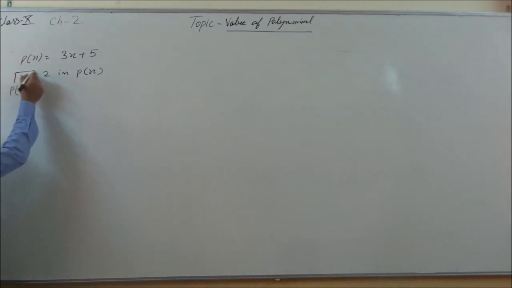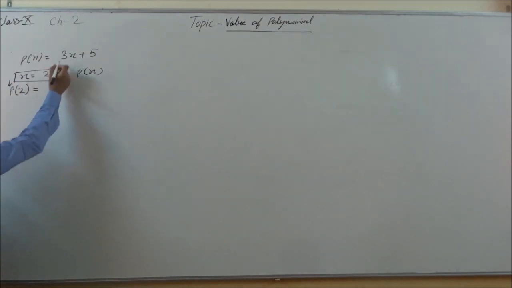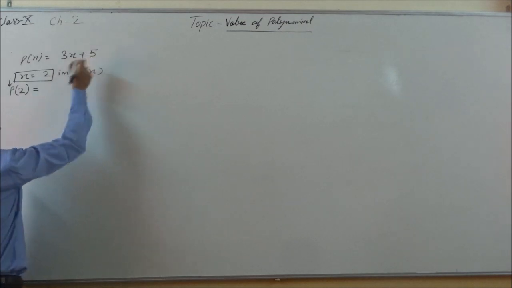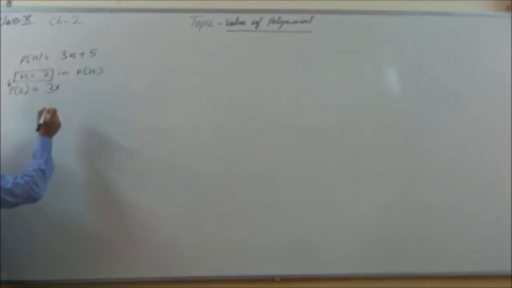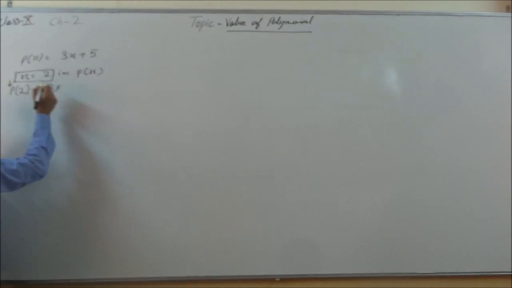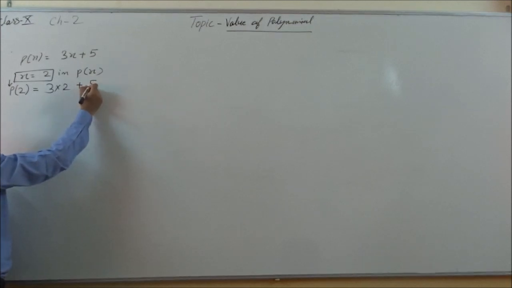So at x equals 2, you will write P(2). Now you will put the value in the given polynomial: 3 multiplied, in the place of x you will write 2, plus 5.